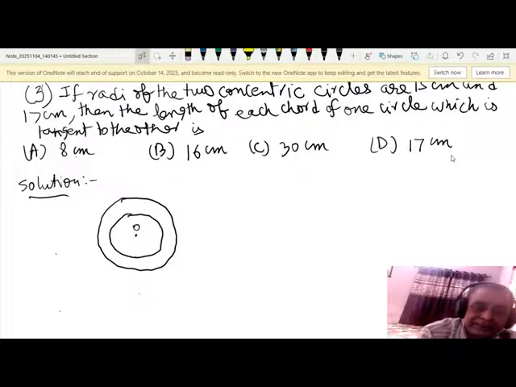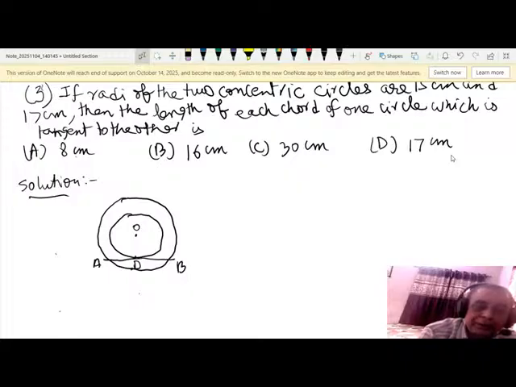Now it is saying that there is one chord of the larger circle which is tangent to the smaller circle. Let the chord of the larger circle be denoted by AB. Meeting point is suppose D. O is the center.